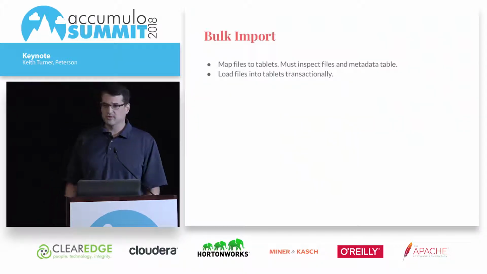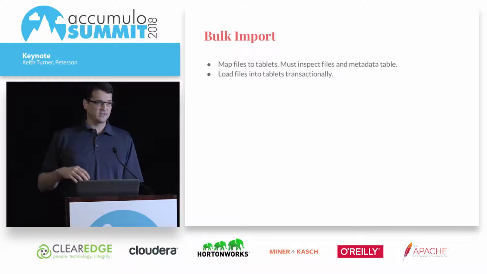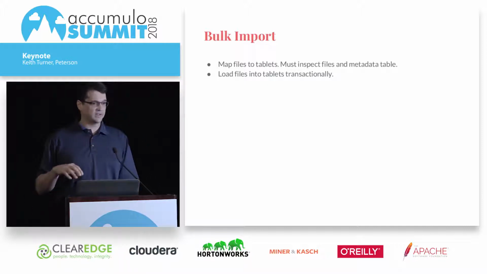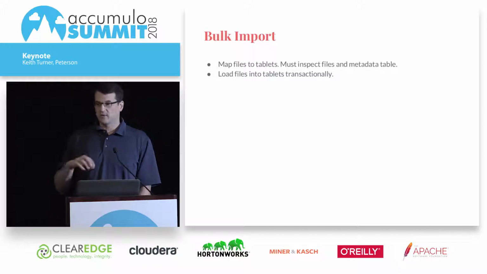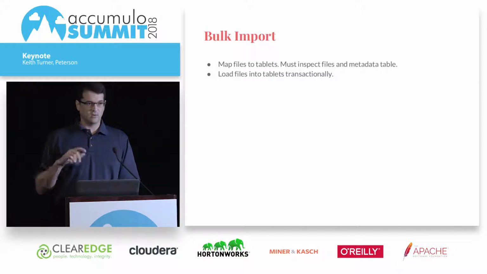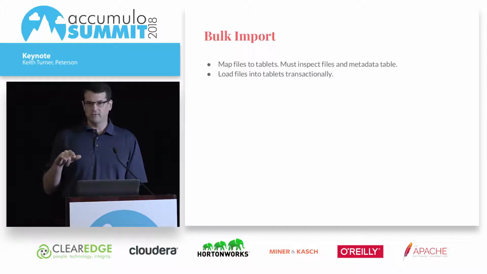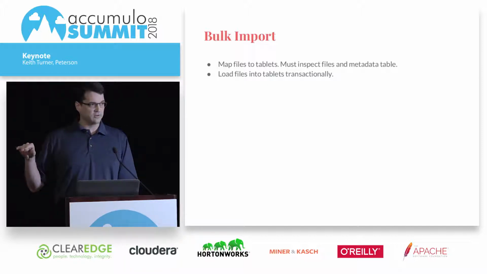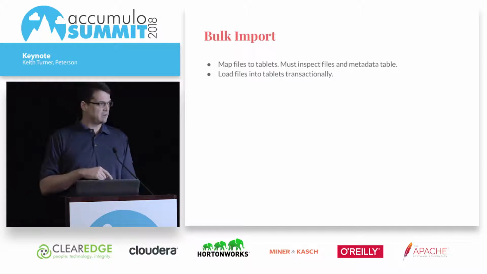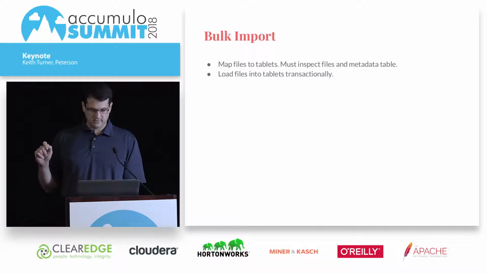Now the way this works, the actual implementation, is Accumulo has to take all of those files and inspect them. So it has to go to each file and say, oh, what data do you have in you? And let me look at the metadata for the table you're trying to import to and try to figure out which tablets you go to in that table. And let me load you onto those tablets.